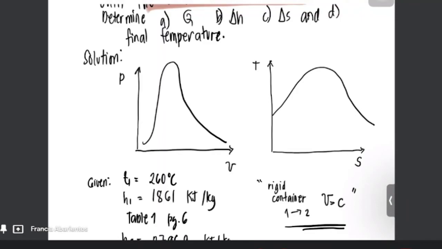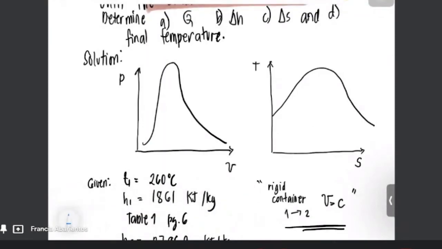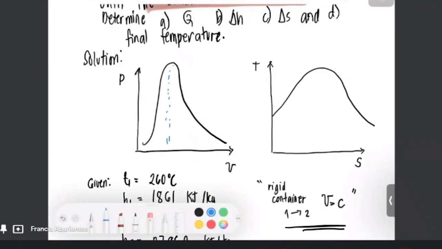So, kanina, we have computed that the quality at the first point is on the, ilan percent? 43. So, dito yan. Hindi siya sa kalahati. Okay. So, this is now your point 1.